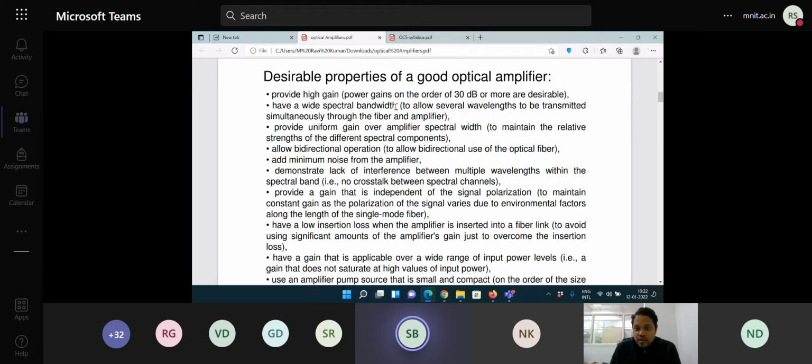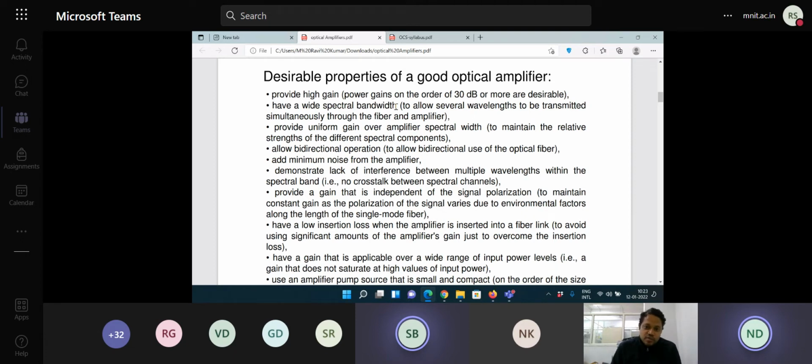So it should be insensitive to the polarization of the input. The polarization can change along the length of the fiber. So if the amplifier is independent of the input polarization, then it will give better gain to the input signal.